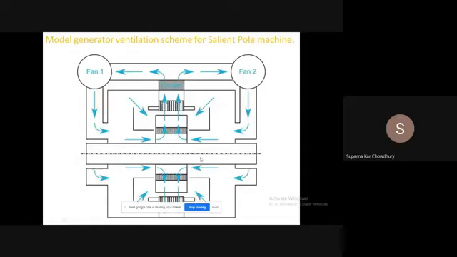Now, when we design the cooling system, the main important points considered are the total loss to be dissipated, because that will result in temperature rise, then the surface exposed for dissipating that loss, the quantity of air which is required, and the temperature of the cooling air.